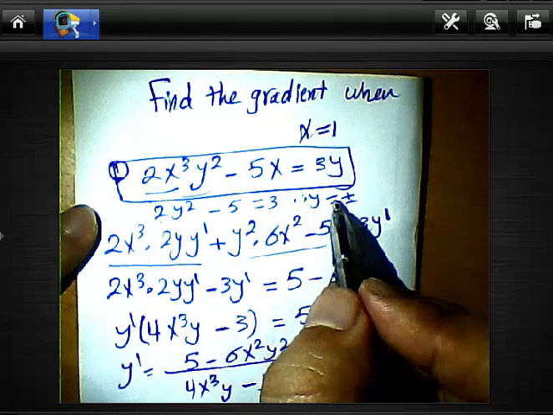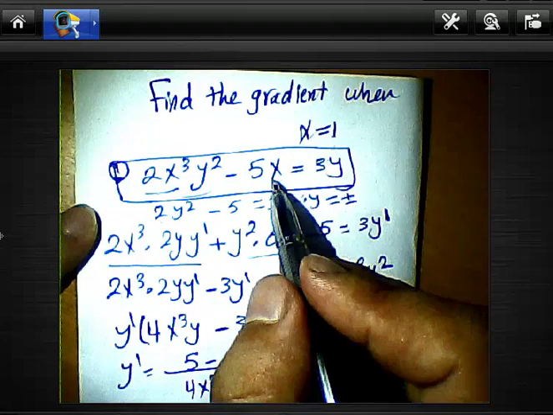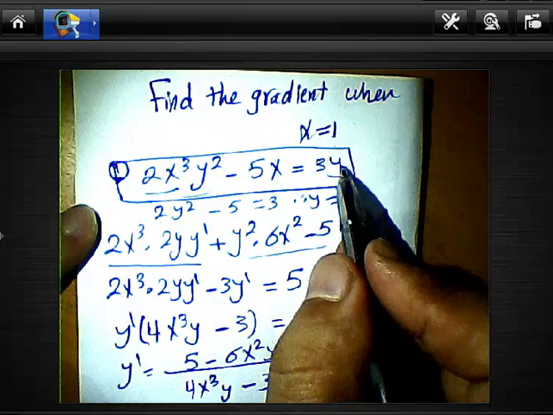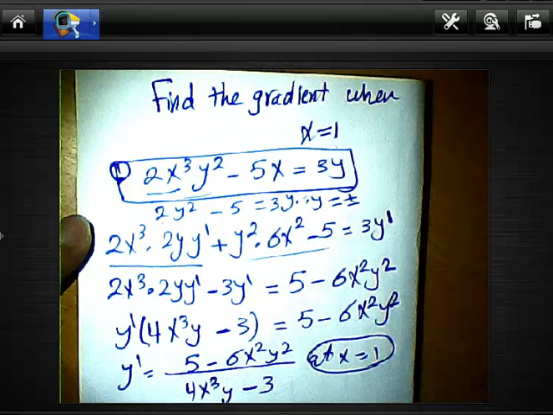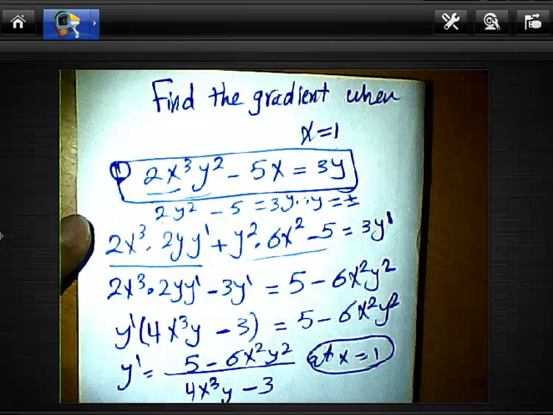Again, we write x equals 1 here. We have 3y. We can solve this equation on another paper.